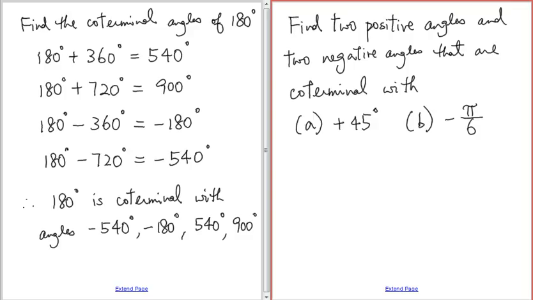Now, we remember we can always add or subtract 360°. So it's one full rotation.